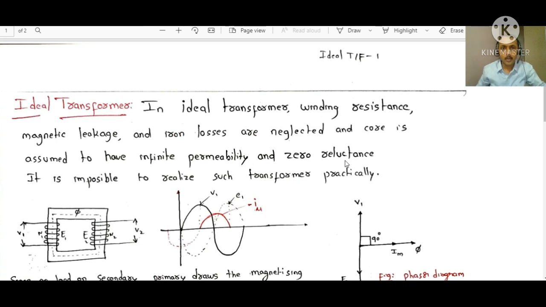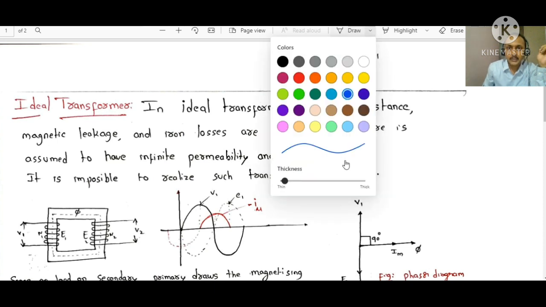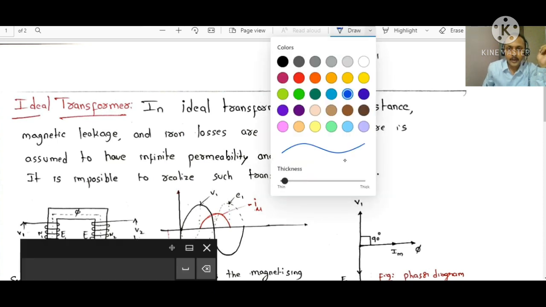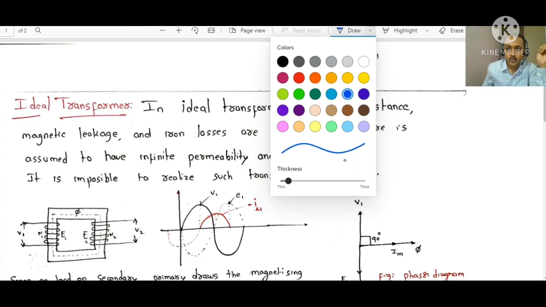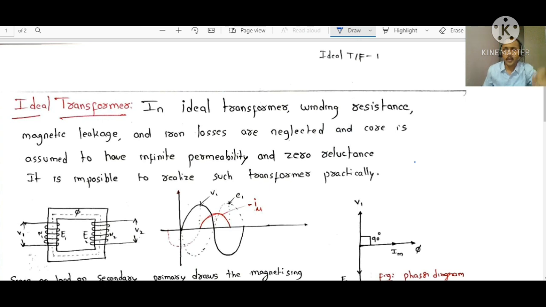If it is an ideal transformer, its winding resistance, magnetic leakage, and iron losses are neglected. I repeat again: winding resistance, magnetic leakage, and iron losses are neglected. For example, the windings are nothing but a conducting material wound in the form of some coil.